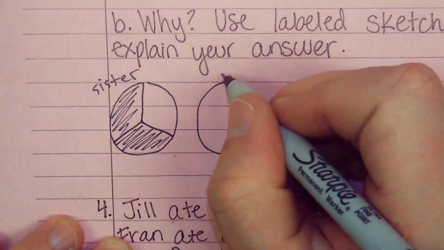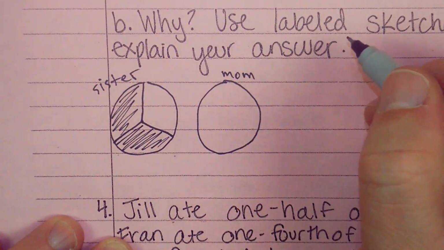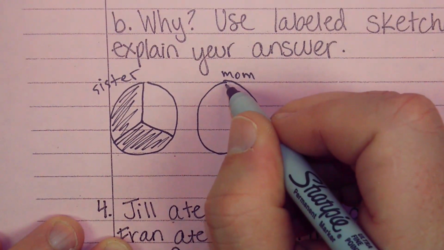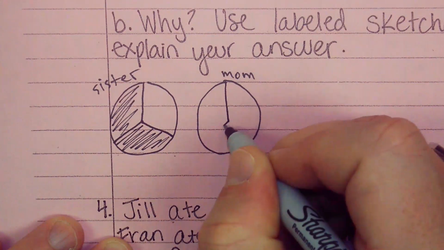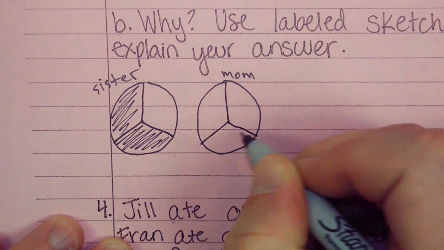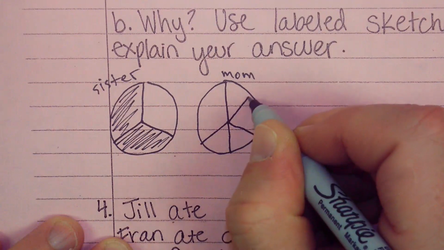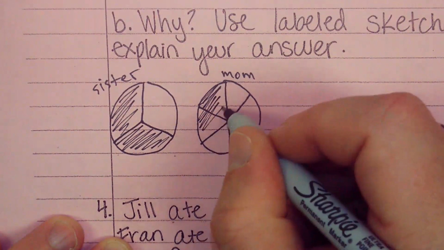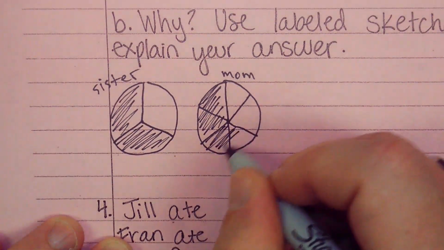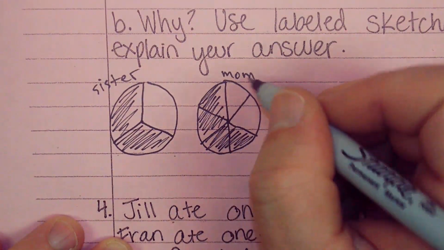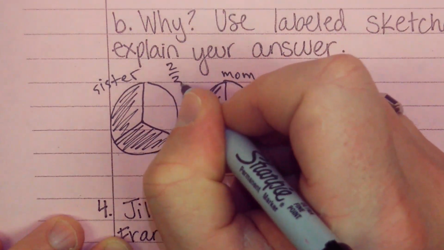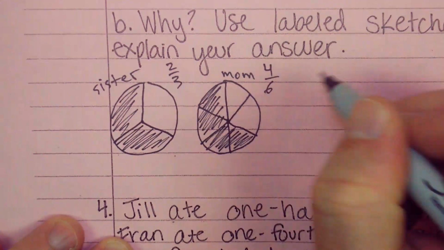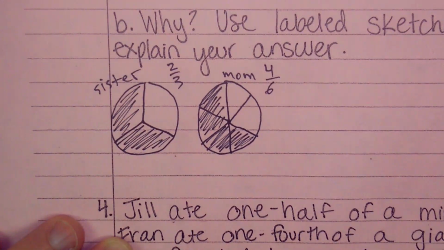So that's how much sister gets. Now Mom gets 4/6 of the next one. So Mom's gonna get 1, 2, 3, 4. Wait, 4/6. So sister gets 2/3. Mom gets 4/6. Now Cal says it's not fair, but Lindsay says they're exactly the same amount.